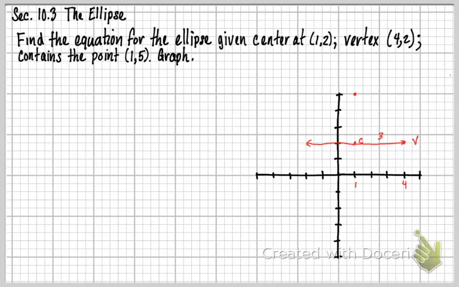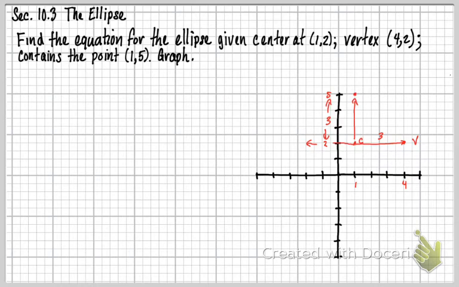And then also going this way, I'm starting at 2 and I'm going up to 5. So that's also 3. Wow, weird. So it looks like my a and my b are the same. They're both 3. So that's an interesting result we get from this problem.